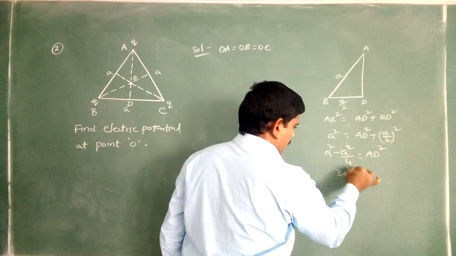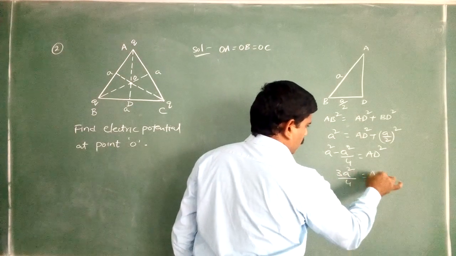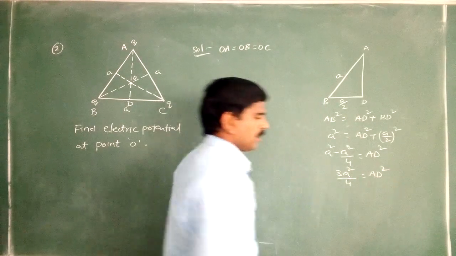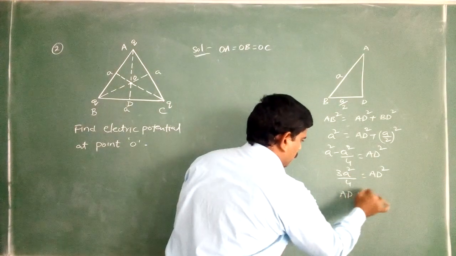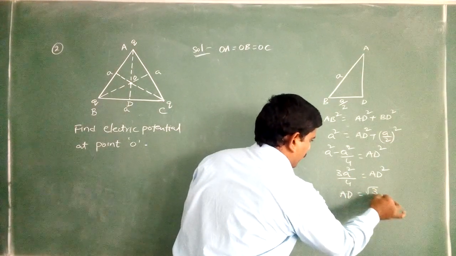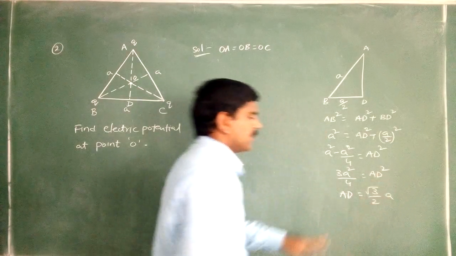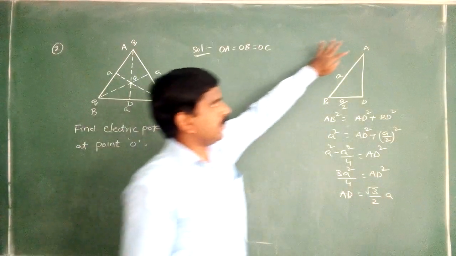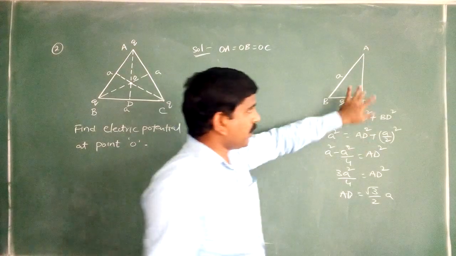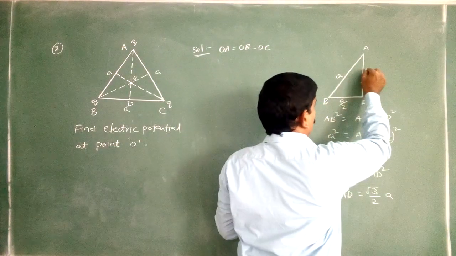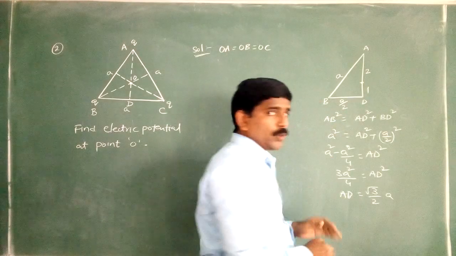So 3A square by 4 is equal to AD square. From this, AD is equal to root 3 by 2 into A. This is the total median. The centroid divides the median in the ratio 2:1.